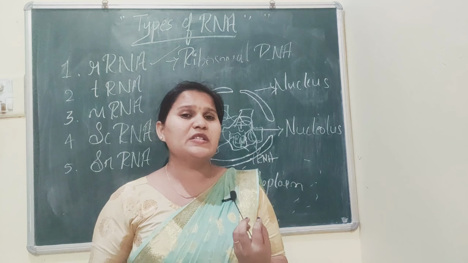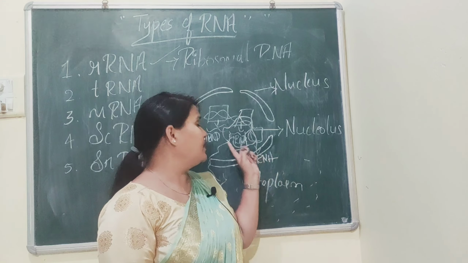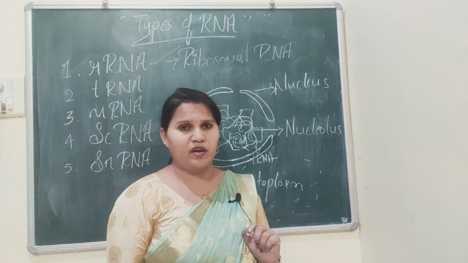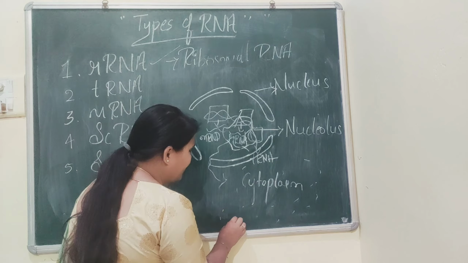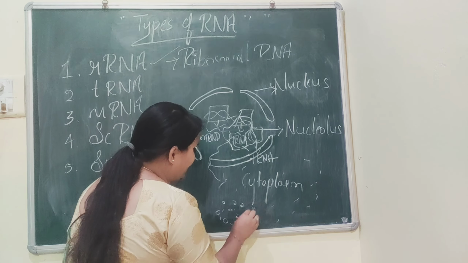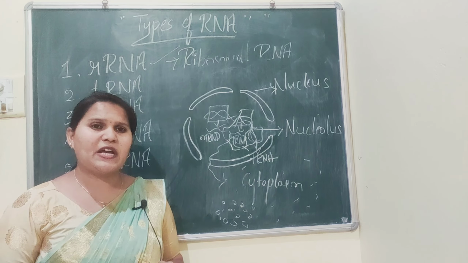So how will these proteins enter and associate with this particular rRNA and how will ribosomes be here? We know that. But how will the proteins move here? See, in the cytoplasmic pool, we can see a numerous number of proteins. The proteins will be suspended in the cytoplasmic pool.